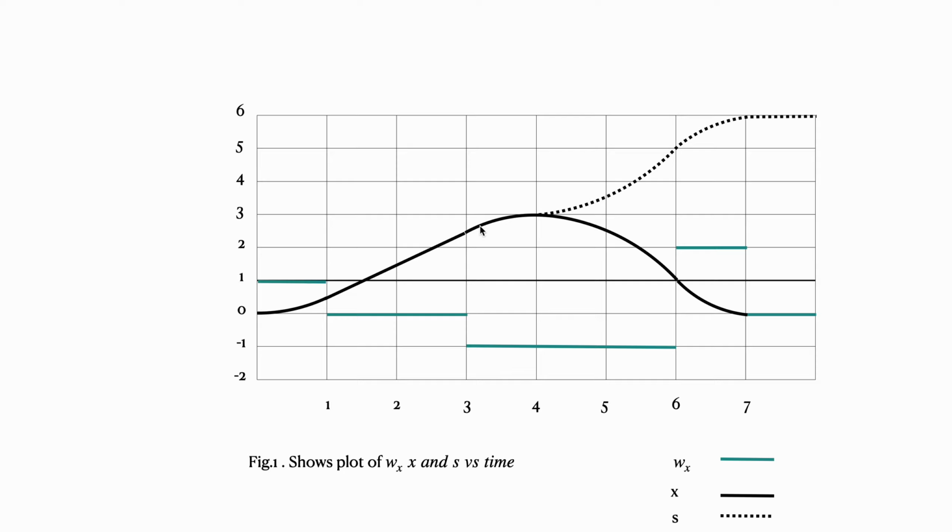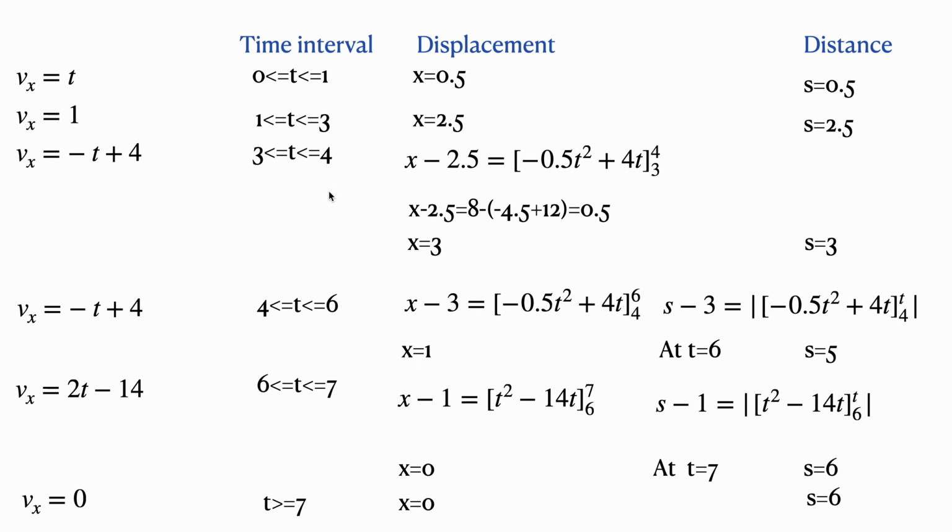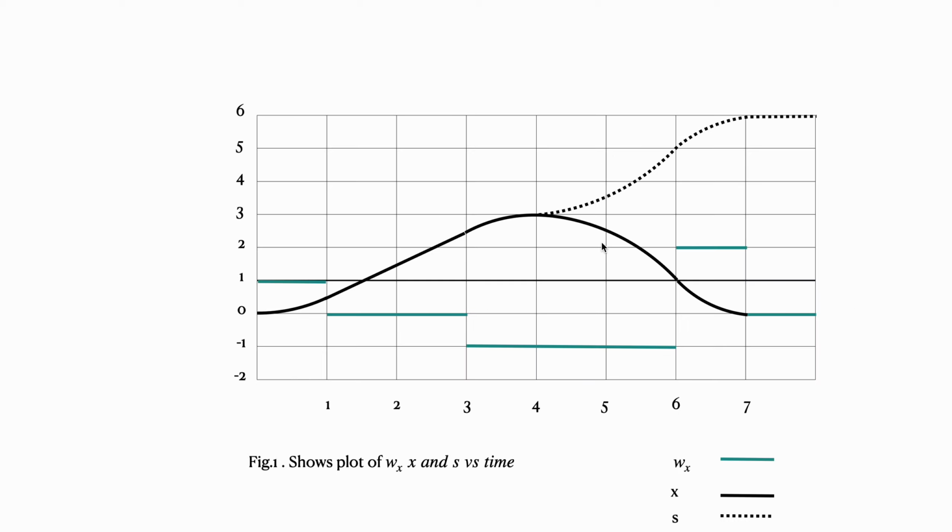And we can plot the displacement and distance by the dotted line till the time equals 4. Since velocity is positive, the displacement and distance are equal, and after that velocity is negative, so displacement is decreasing while the distance is an always increasing function, so it cannot decrease. So this is how we plot the acceleration, displacement and distance with respect to time.